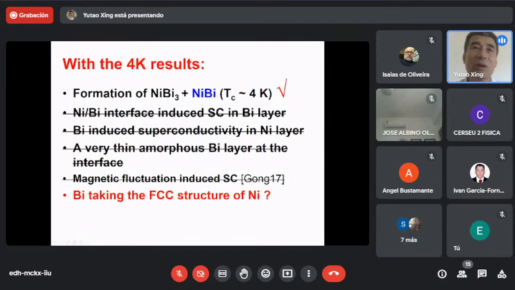But we cannot rule out the last one, whether bismuth can take the FCC structure of nickel or not, because we deposit the nickel at 4.2 Kelvin, the nickel is also amorphous. It's not FCC, so it's amorphous. So we cannot rule out this interpretation.